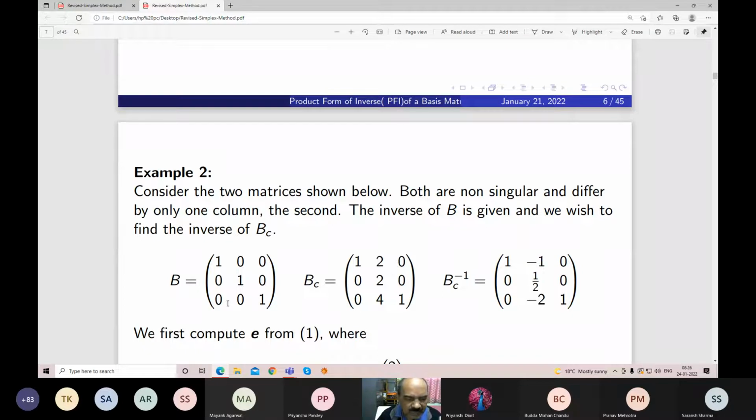If B and B inverse are known, we can find BC. Since the identity matrix inverse is obvious, nothing is mentioned here, but in other examples, B and B inverse are not identity matrices, they are different. That is the reason we have to write in this fashion.